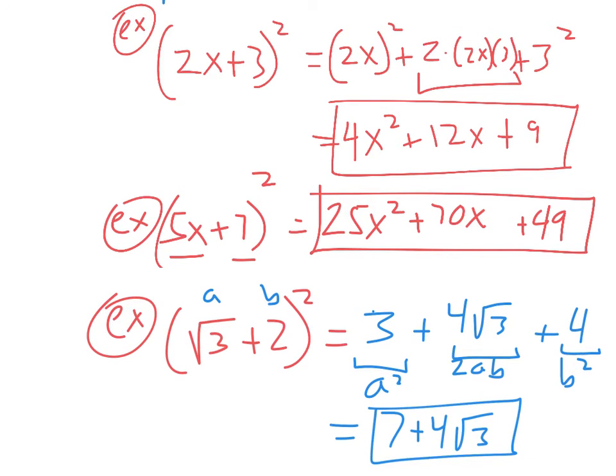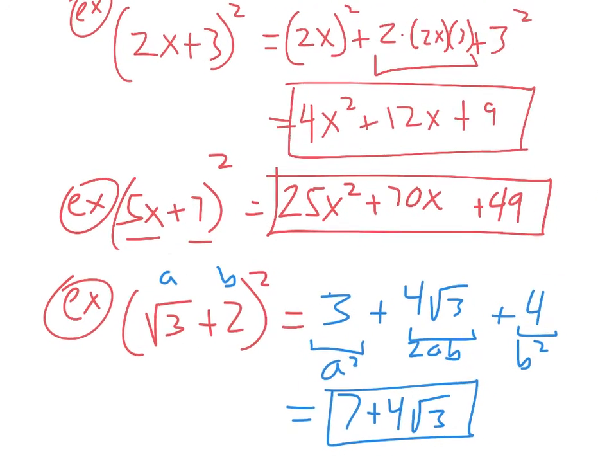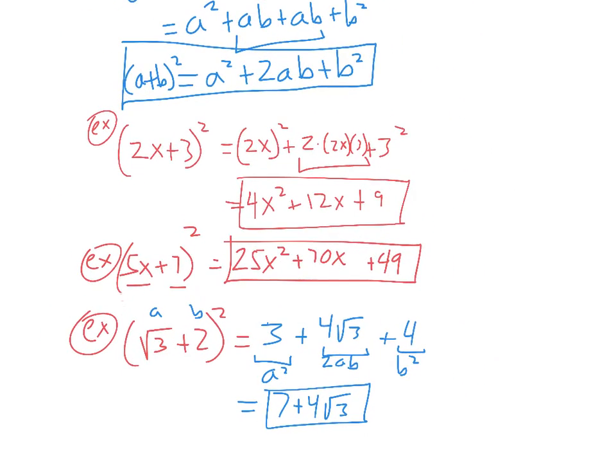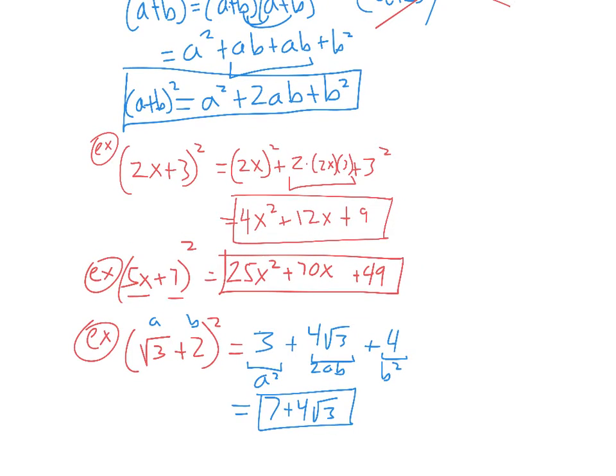Done. So you can write these out, square root of 3 plus 2 times square root of 3 plus 2, and multiply it all out, but you'll end up with this. Again, you can write this out, 5x plus 7 times 5x plus 7, and you're going to end up with this. So this rule is very powerful to learn.